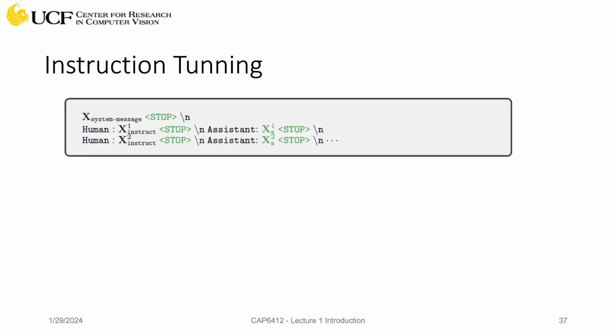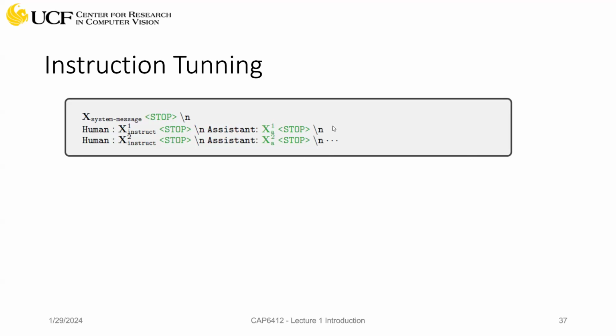So now instruction tuning is very important, and that is being used a lot in these conversational models. So the way it works, we have the system message, and then the human will give the instruction and the assistant will give the answer.